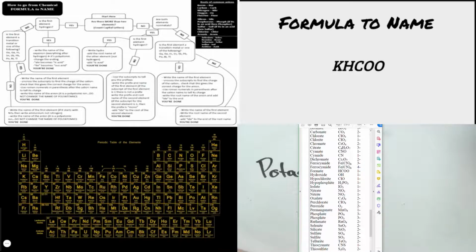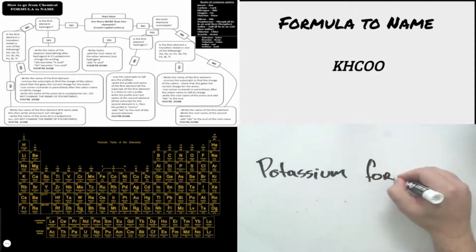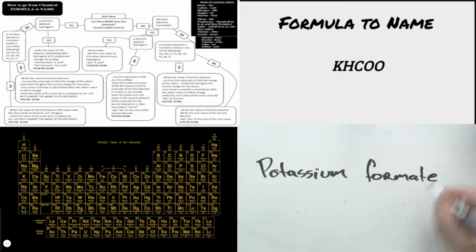It's right here. HCOO is formate. So that is my polyatomic ion's name. So I'm simply going to write formate. So KHCOO is potassium formate. Again, this is not as complicated as the other way around.